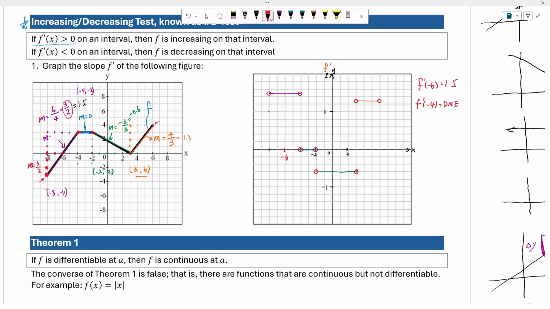Same thing with f prime of -2, f prime of 3, and how about the endpoint, f prime of -8? Again, does not exist. So now we know that if we have a corner point, then the derivative does not exist.